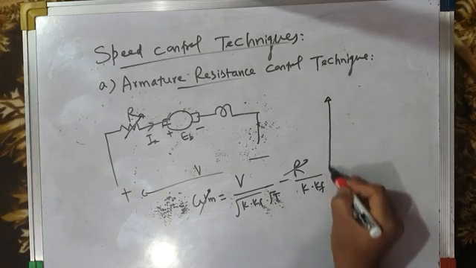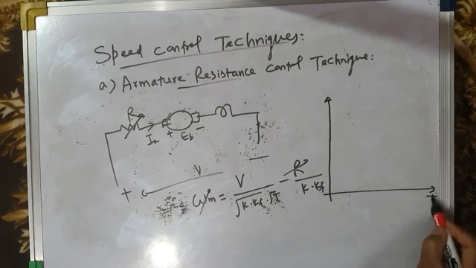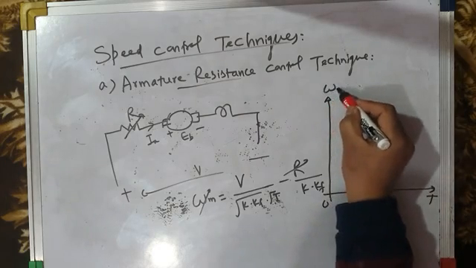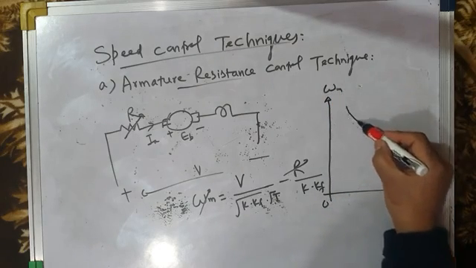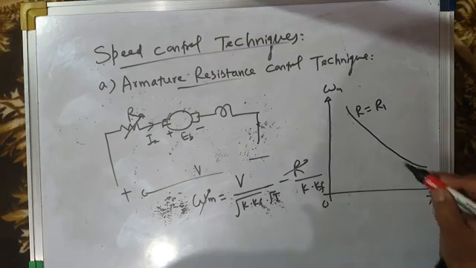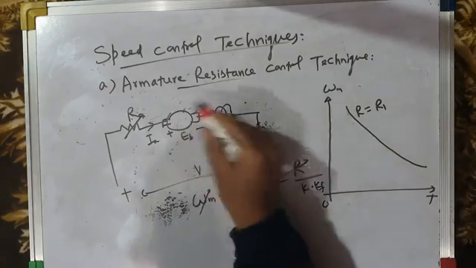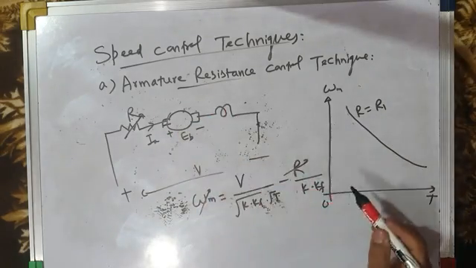So if you draw the torque speed characteristics under this condition, they will be like this. This is the torque speed characteristic for R equal to R1, say rated torque speed characteristic, where R1 is equal to the internal armature winding resistance.